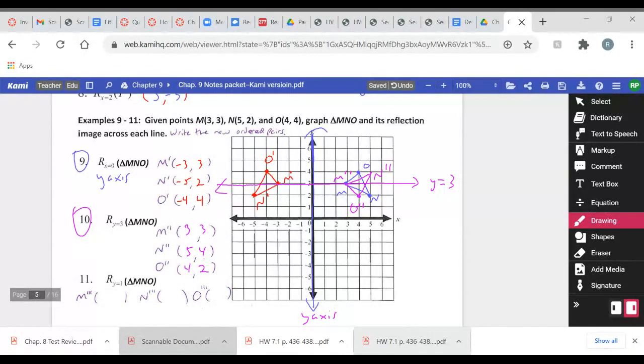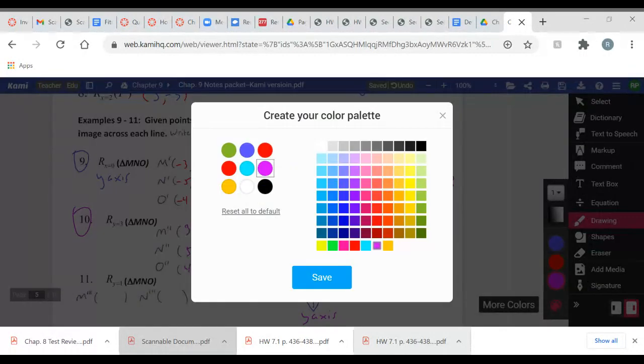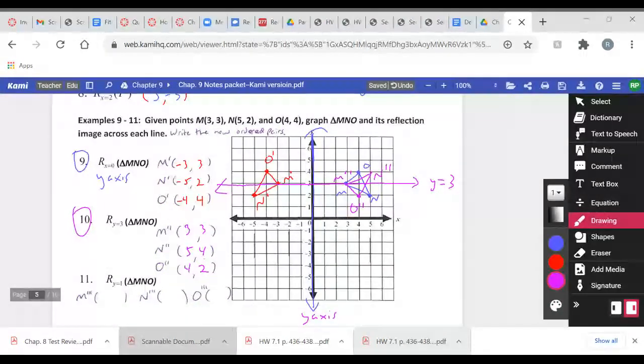Okay, so then our last thing here, I'm trying to get a different color. I'm going to just use red again. Okay, so this last one is about the line y equals 1.